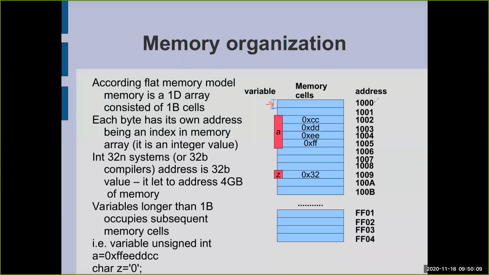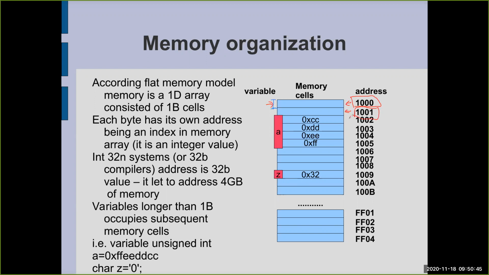And in a computer, every byte in memory has a unique index. The index of this cell is called an address. Here you have an example. Here is memory. Memory is a one-dimensional array, and every cell in this array has a unique address.